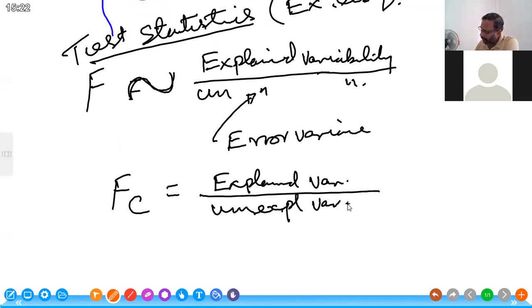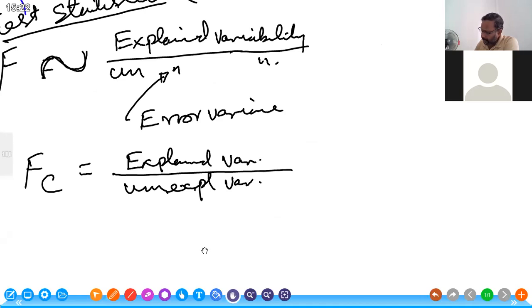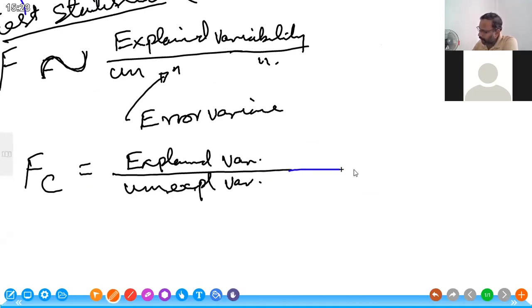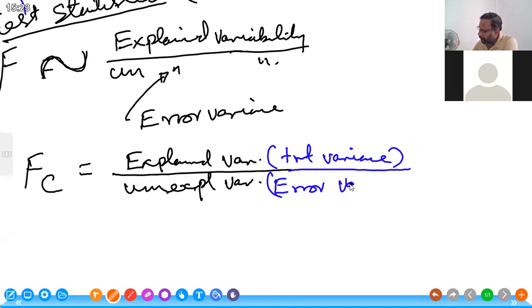In a design, this is the variability due to treatment variance divided by error variance. You see, this is our test statistic.